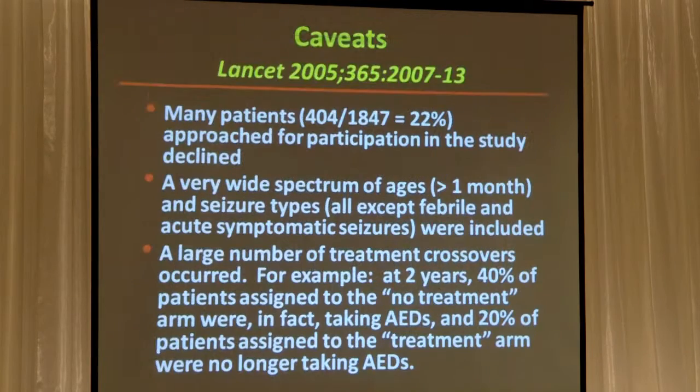Okay? There are some problems with that study, and you didn't get to read it in detail, but they had a lot of patients who were eligible who didn't get enrolled. And again, we know the characteristics of the enrolled patients, so it helps us decide whether they're relevant to our patient. But you wonder about what was going on with almost a quarter of patients who declined participation. And there's a big spectrum of patients.